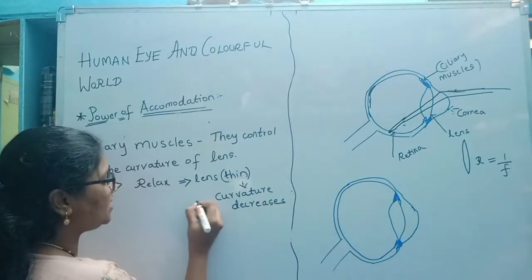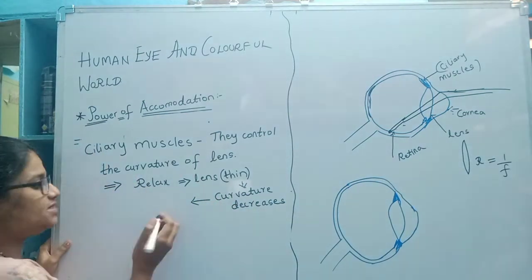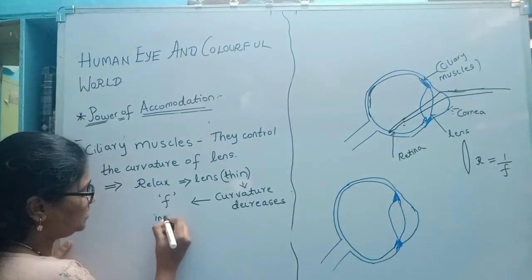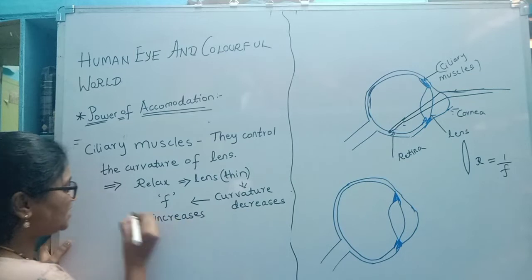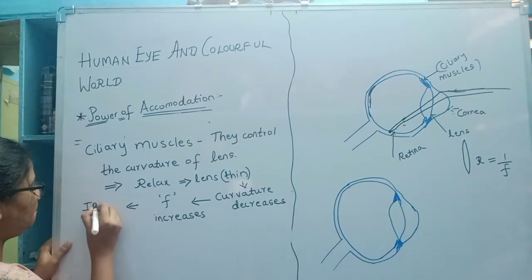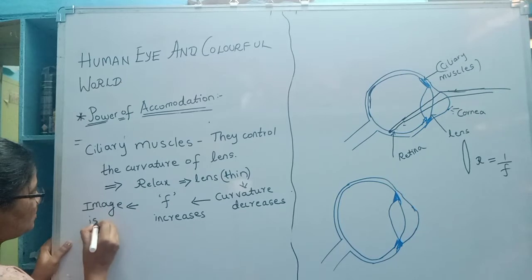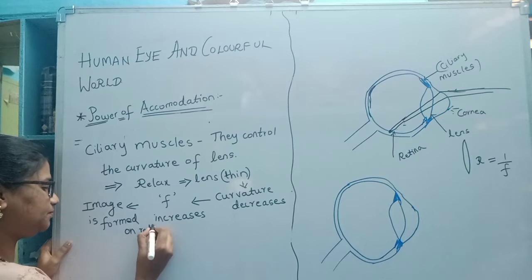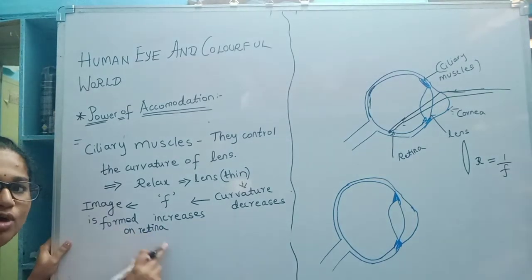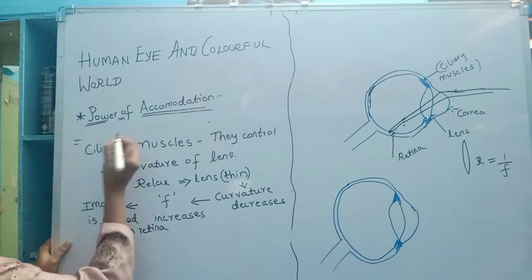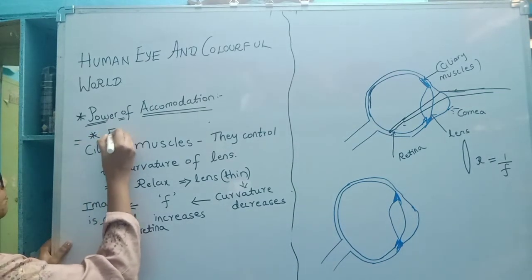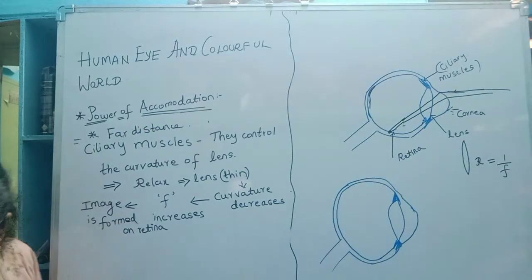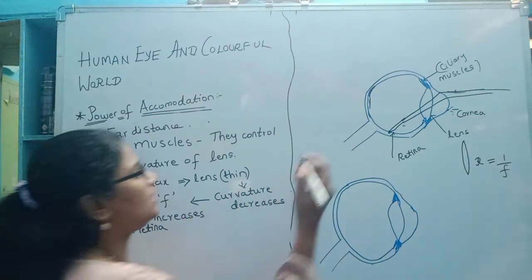When the curvature decreases, the focal length, lowercase f, increases. When the focal length increases, the image is formed on the retina. This is when the object is at a far distance. Fine. Now let us consider again a convex lens.